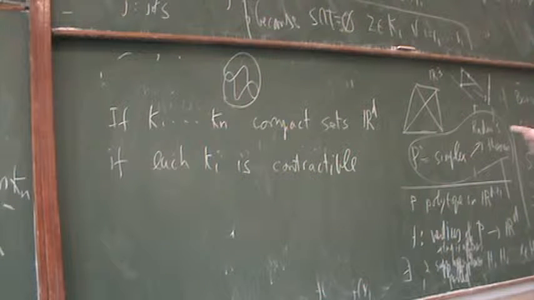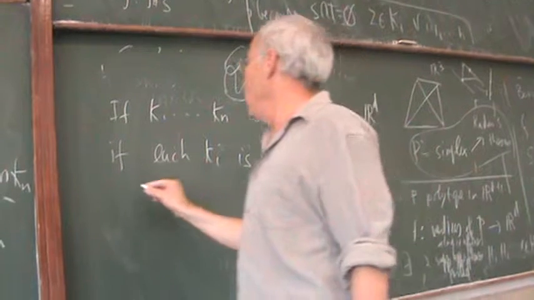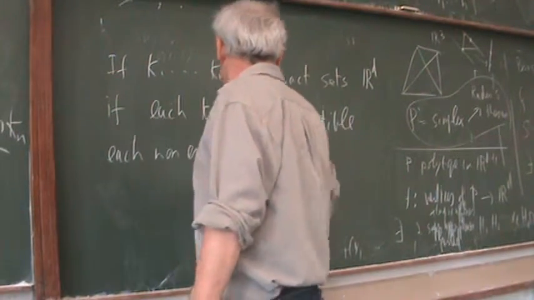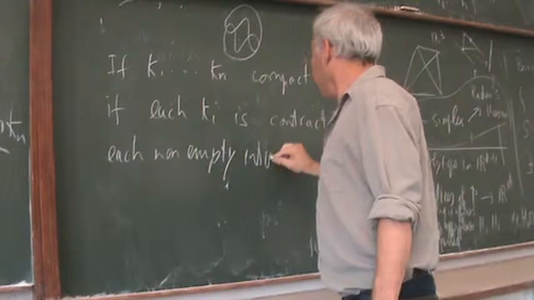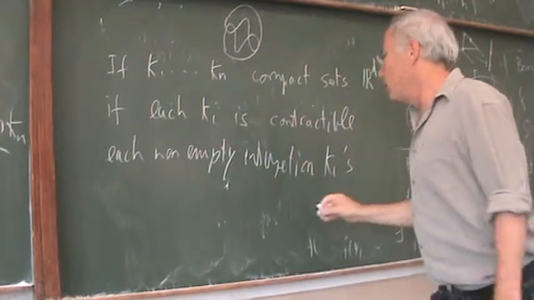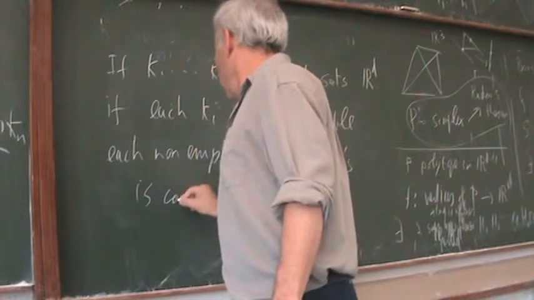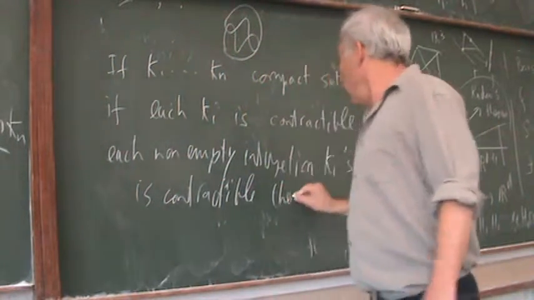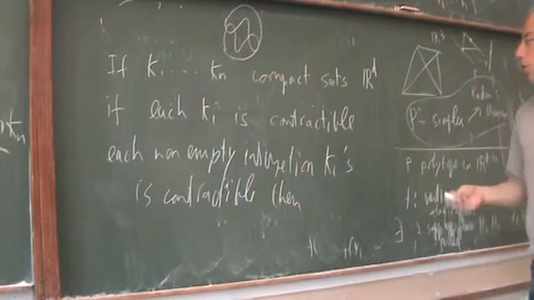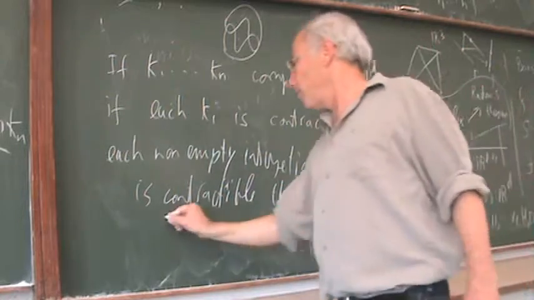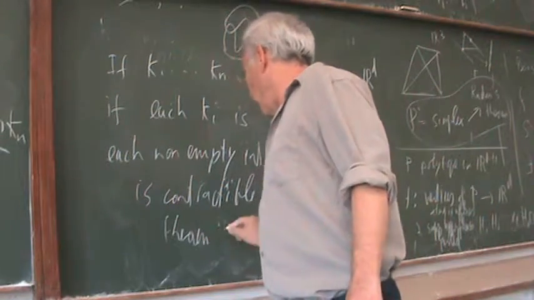So if each Ki is contractible and each non-empty intersection of the Ki's is contractible, then the analog of Helly's theorem holds.